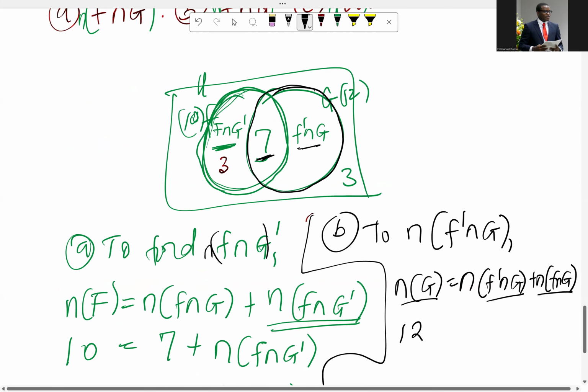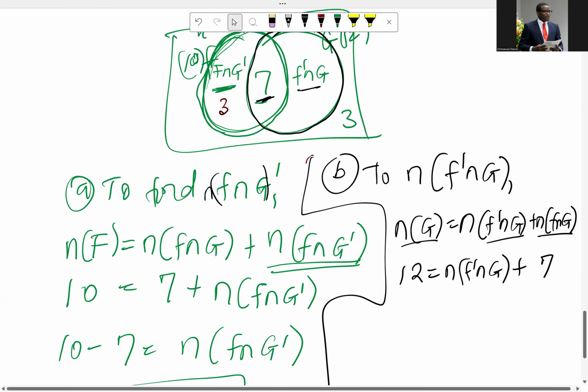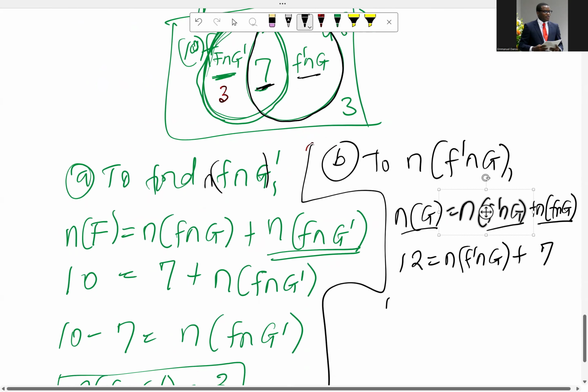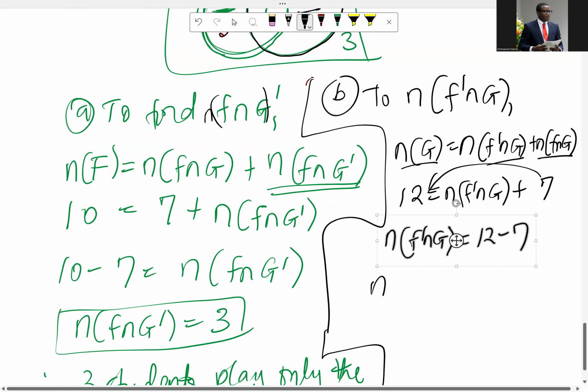And those who play guitar is 12. The cardinality of those who play guitar only is what we are looking for, F prime intersection G. And those who play both is actually 7. So from what we see here, the cardinality of F prime intersection G is the same thing as 12 minus 7. If I transfer the 7 here, that's 12 minus 7. So the number of those who play the guitar only is 5.